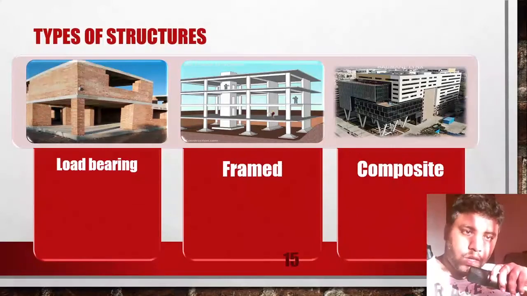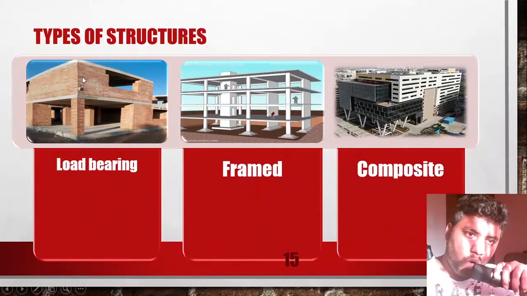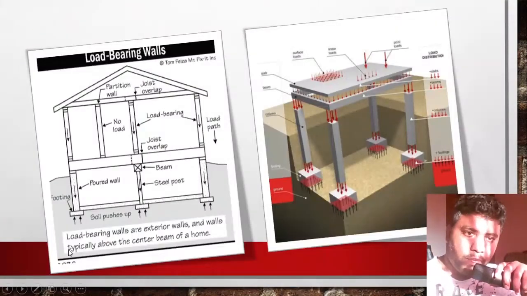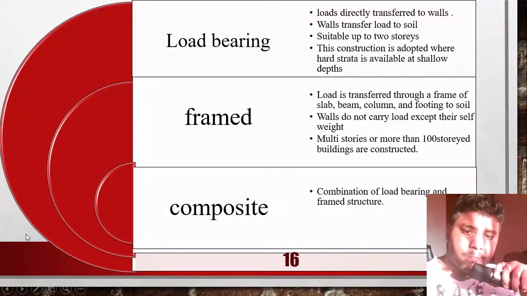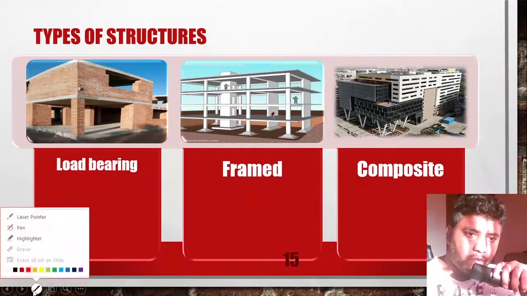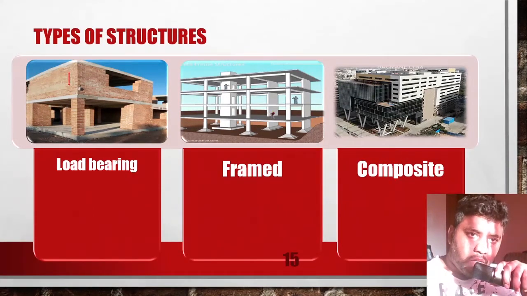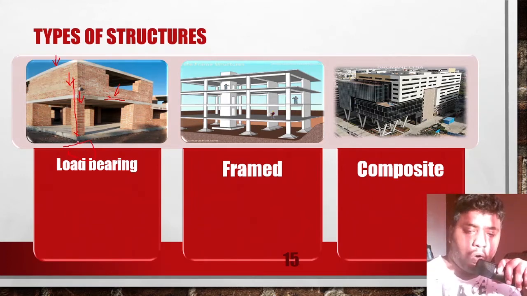So load bearing structure is nothing but, see the load which is acting from the top of the roof or the floor slab, the load directly transfers to the wall, and the wall transfers the load to the foundation below.